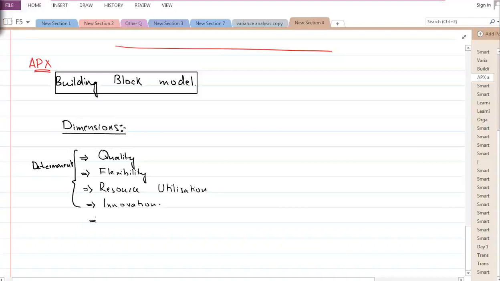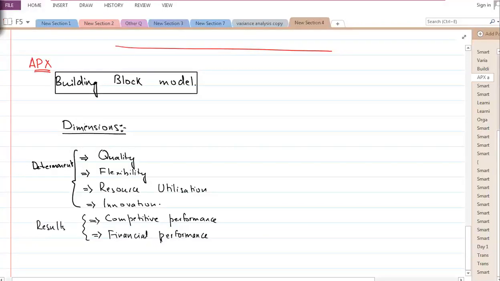And then we'll have 2 more, which are competitive performance and financial performance. What do you call these last two? These are results. So 4 determinants and then 2 results in the dimensions.